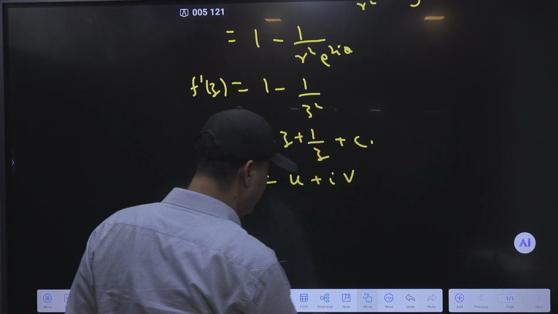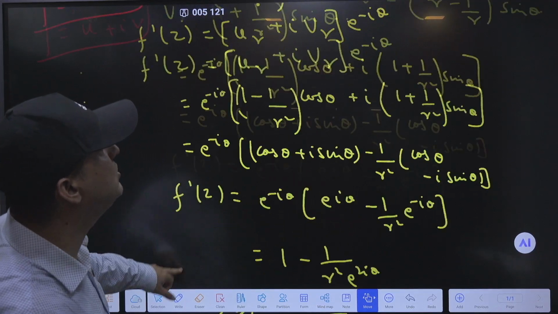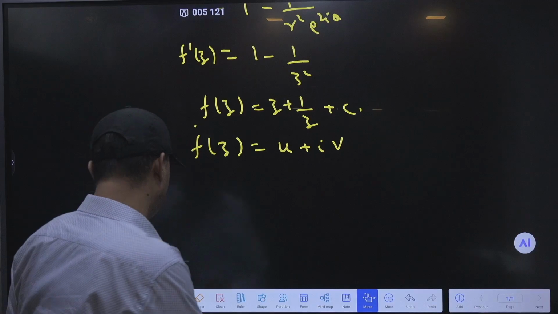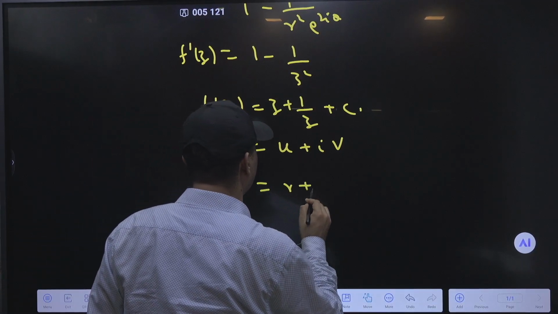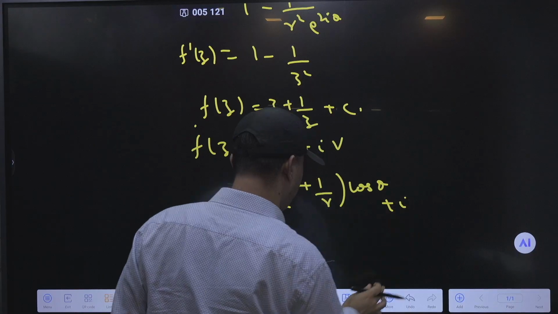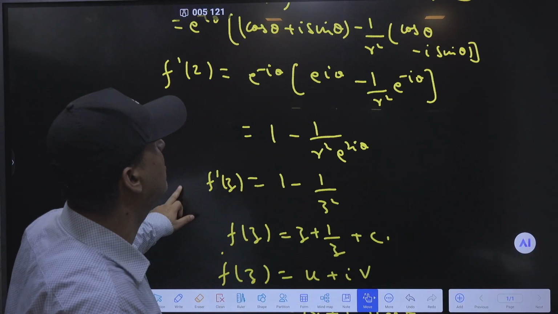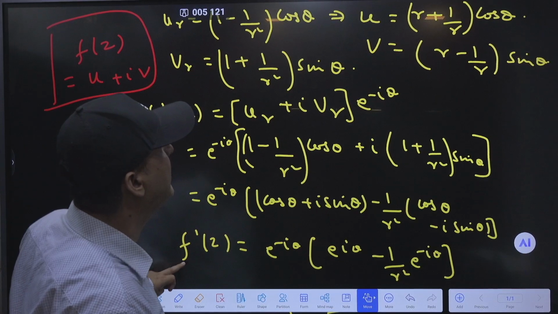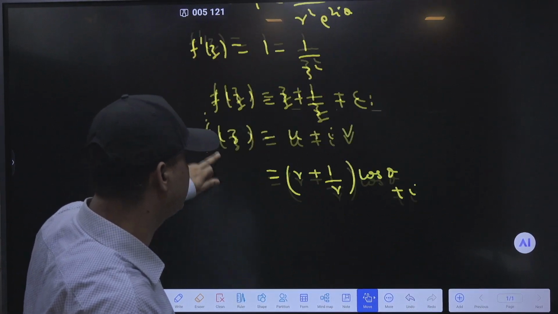Now I'll copy what I have written as u. What is u? u is nothing but r plus 1 by r cos theta, plus i times v. What is v? v is nothing but r minus 1 by r sine theta.